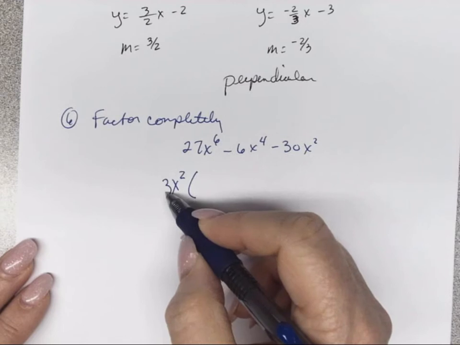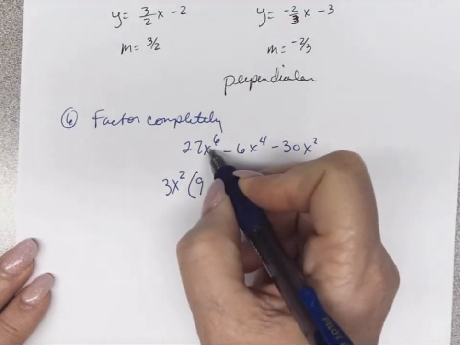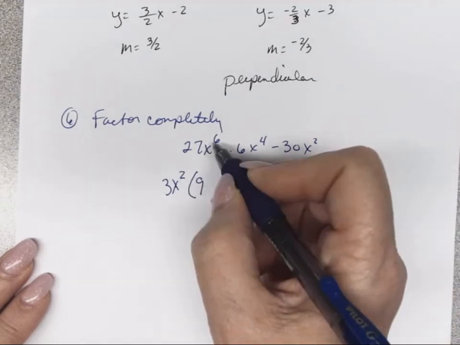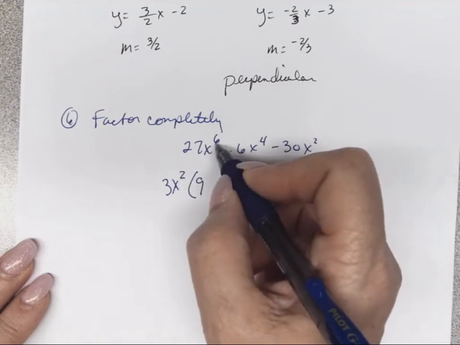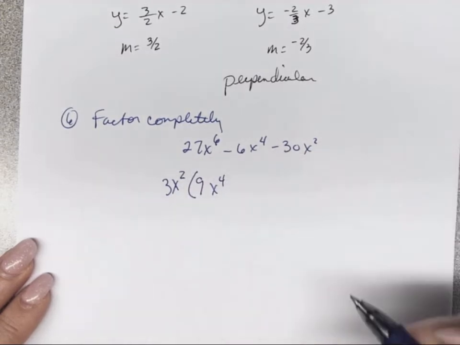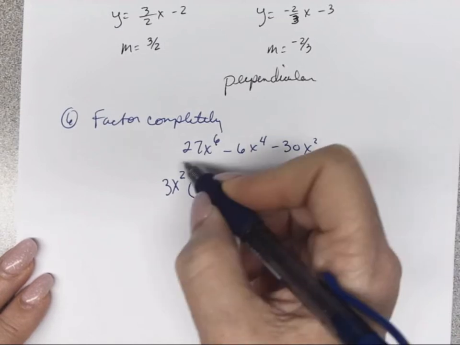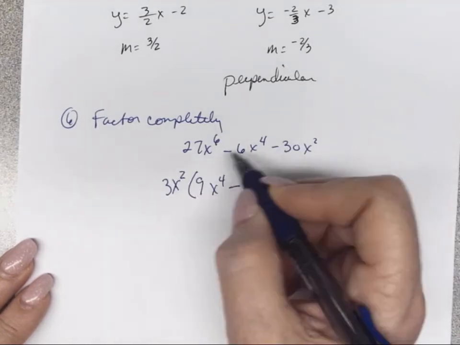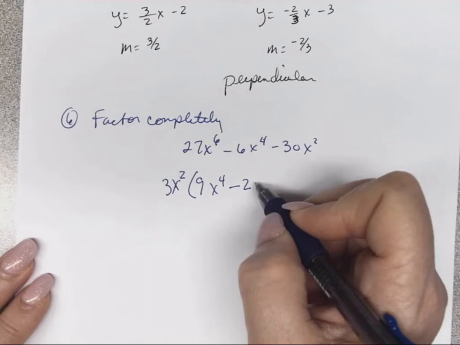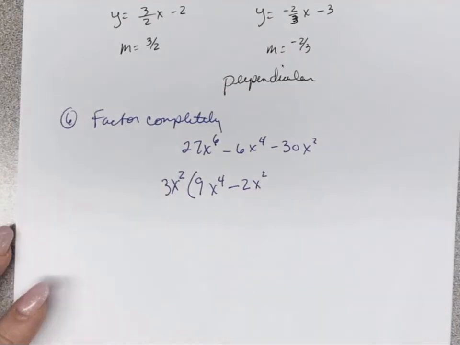So 27 divided by 3 would get me 9. X to the 6 divided by x squared, I just subtract my exponent, so I get x to the 4th. Negative 6 divided by 3 would be negative 2. X to the 4th divided by x squared, 4 minus 2, would get me 2 left over.